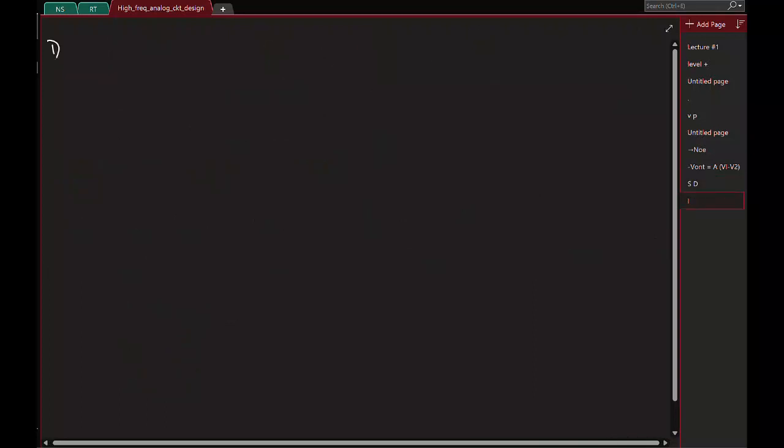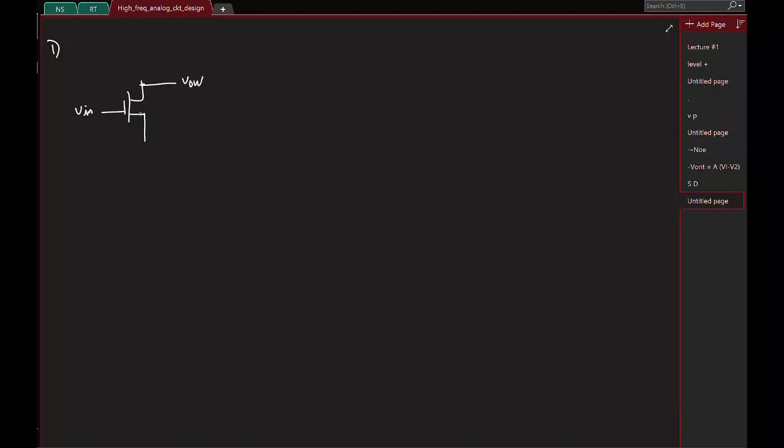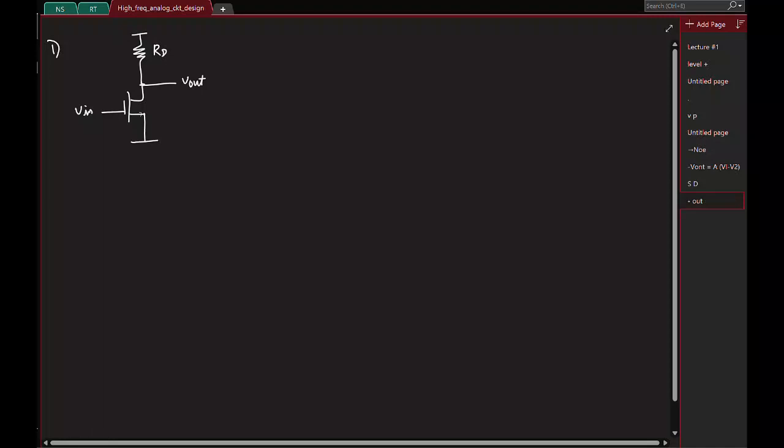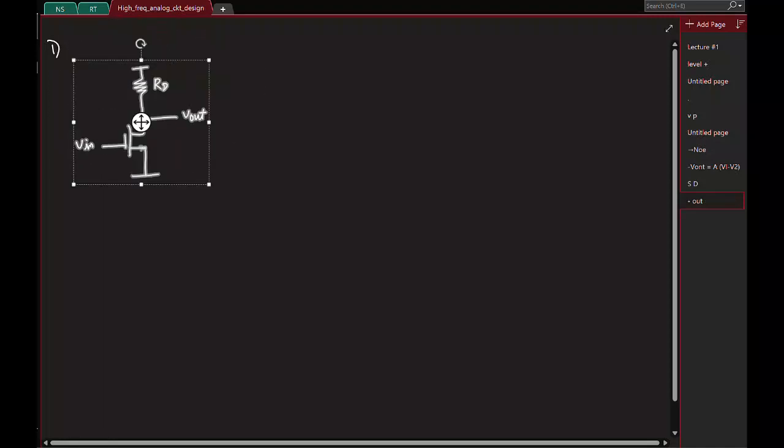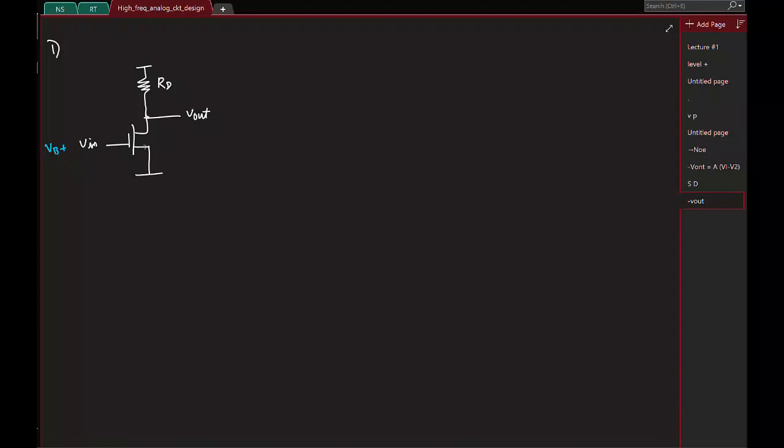So the first combination is where I'll take the MOSFET, apply an input at the gate and observe what happens at the drain. I'll make sure the source is grounded, and here let us say we have a resistor connected like this. And of course always remember that you have a bias voltage here so that the MOSFET operates in the saturation region, which I'll not show explicitly. So if I apply a small signal voltage V in here, what can you say about the small signal output voltage?